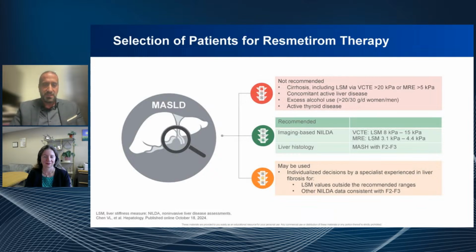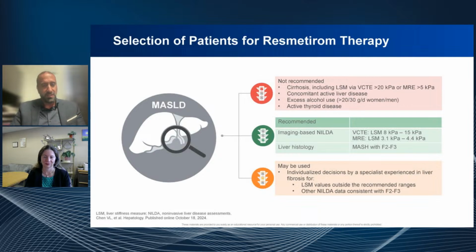And then, as you said, in that yellow zone when we're not sure, having liver stiffness between 15 to 20 kilopascal or MR elastography between 4.4 to 5 kilopascal, these patients can be treated as long as their platelet count is normal and as long as they have imaging showing a smooth liver contour, no evidence of cirrhosis, and no splenomegaly.